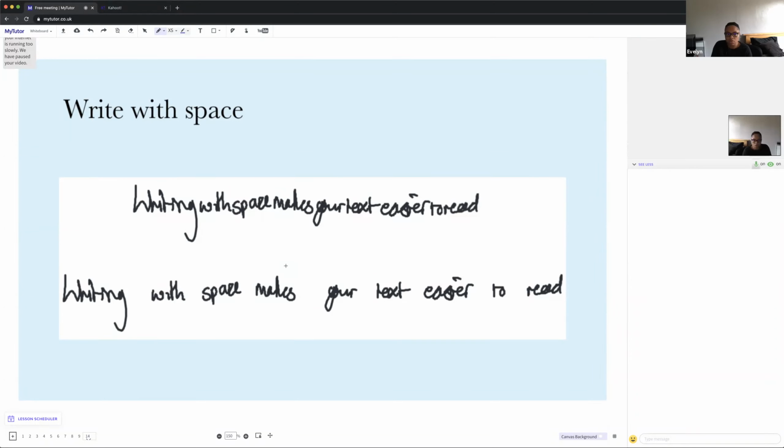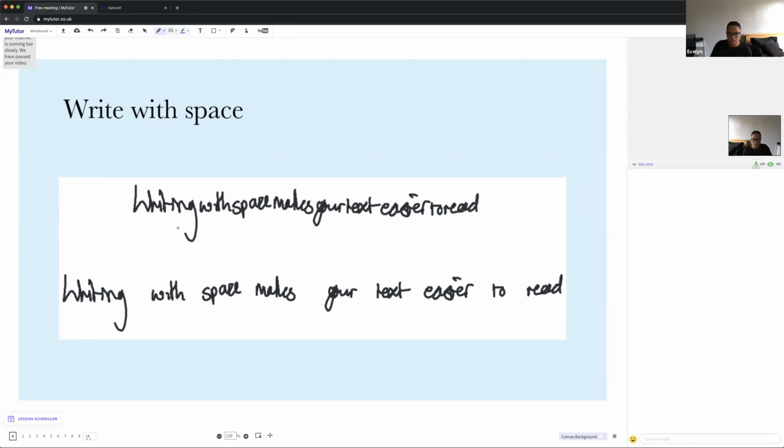Writing slower will slow you down in the exam, so you'll run out of time. Writing quickly just makes it even harder to read. Writing really bunched up together makes it even worse. So the best thing to do, rather than slowing down, I would say write with space.